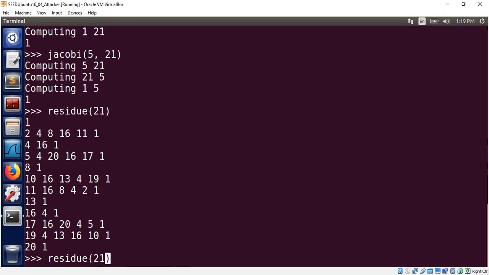Let's look at the prime factors of 21, which is basically 3 and 7. And let's look now at the quadratic residue of z star 7. We can be sure that 5 is not a quadratic residue in z star 7.